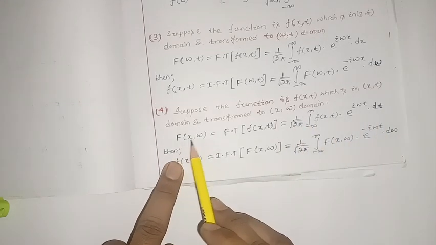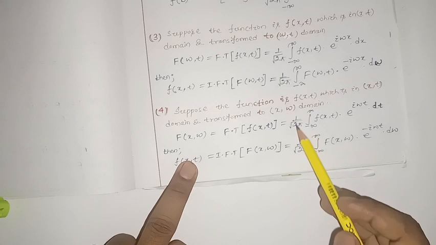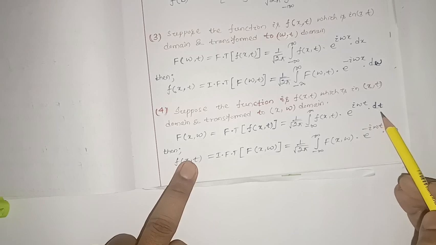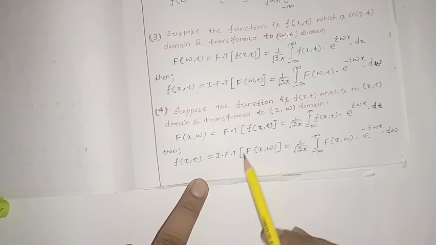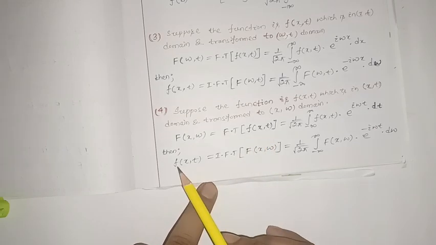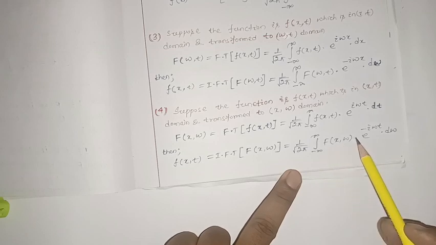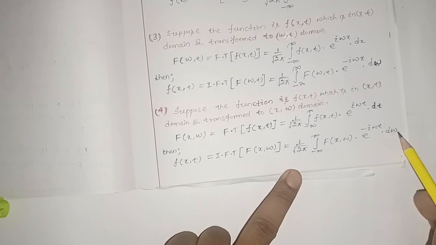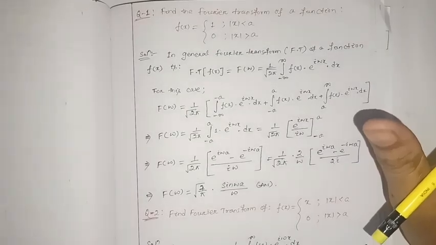So this capital F(x,omega) is the Fourier transform, or we can write the Fourier transform of small f(x,t) will be equal to 1 by root 2 pi, integral from minus infinity to plus infinity of small f(x,t) into e to the power i omega t dt, and its inverse Fourier transform, this capital F(x,omega), the inverse Fourier transform is nothing but small f(x,t), which will be equal to 1 by root 2 pi, integral of this capital F(x,omega) e to the minus iota omega t d omega. Okay, here x is written as such.